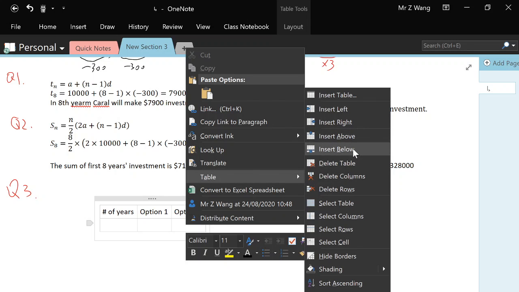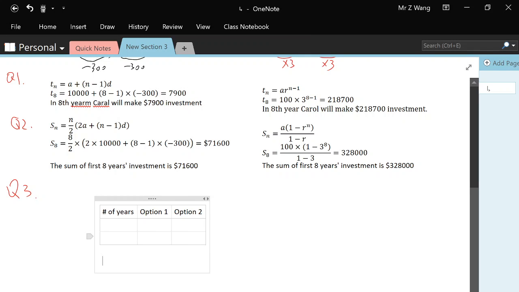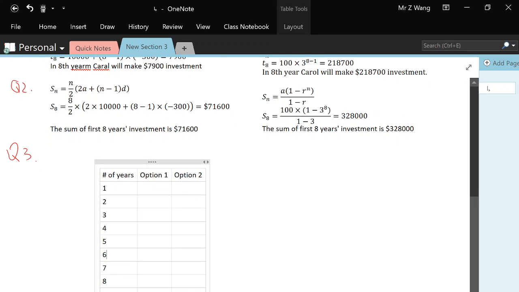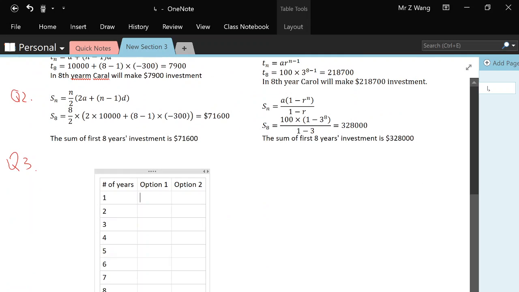So you must have year 1, year 2, year 3, 4, 5, 6, 7, 8, 9. You must make a list of tables of option 1 and option 2, and in each entry, you're calculating the sum up to that year.